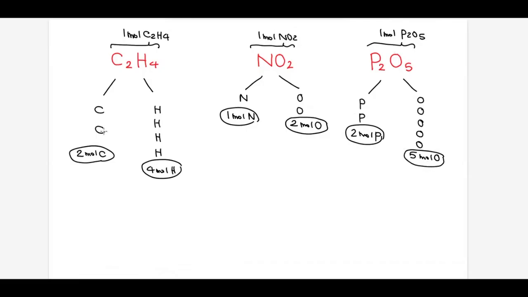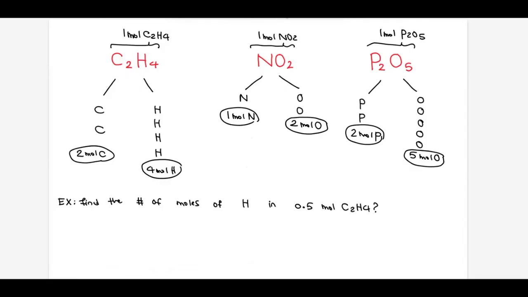But another way you can write this is, let's say they give you a question and say, find the number of moles of, for example, hydrogen in 0.5 moles of C2H4.